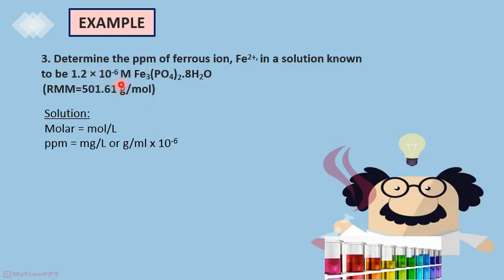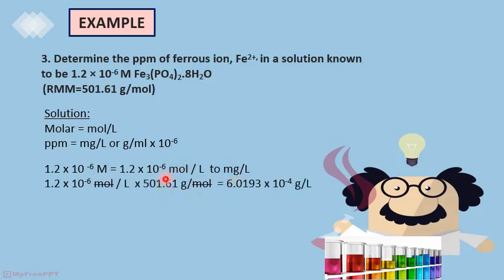Given in molar, firstly you convert the molar into milligram per liter or gram per ml, depending on which unit you want to use. So 1.2 times 10 power of minus 6 molar equals 1.2 times 10 power of minus 6 mole per liter. Mole per liter converts into mass per liter. To convert mole into mass, you multiply with the molecular weight or the molar mass.